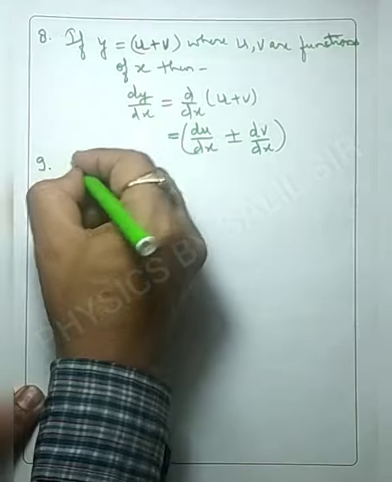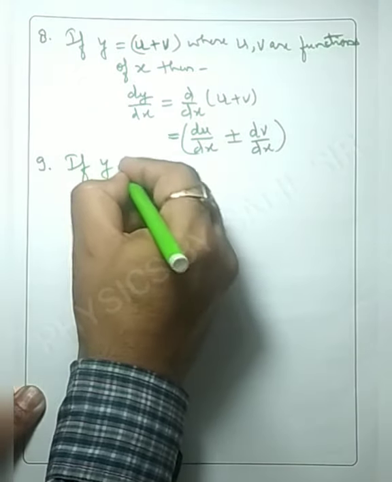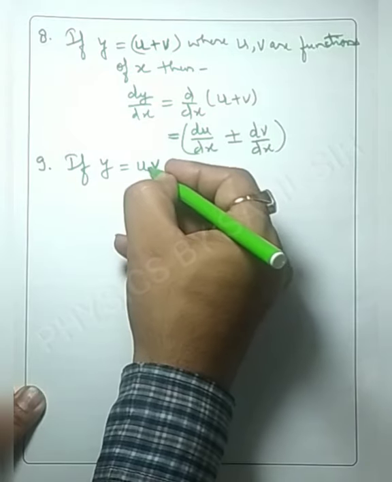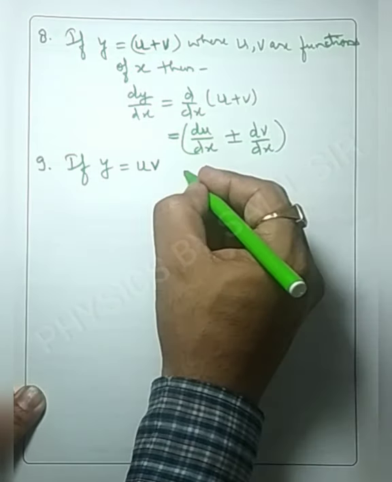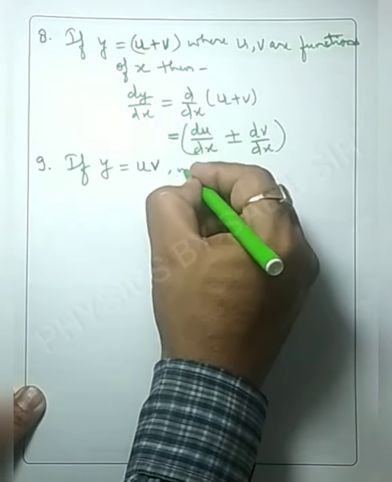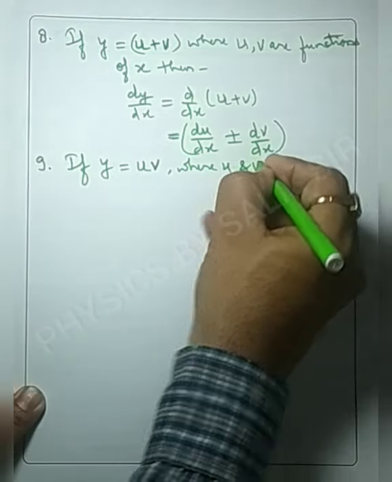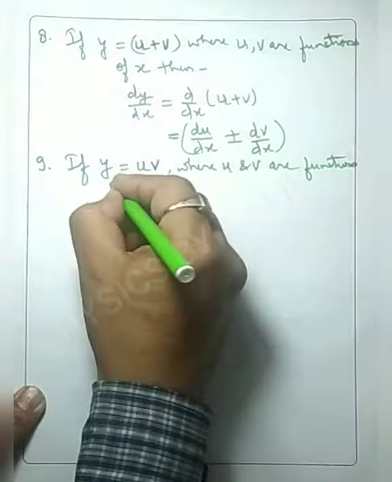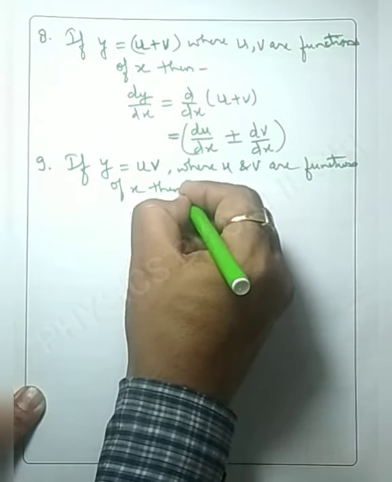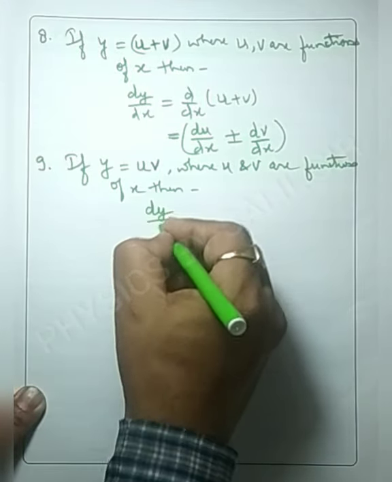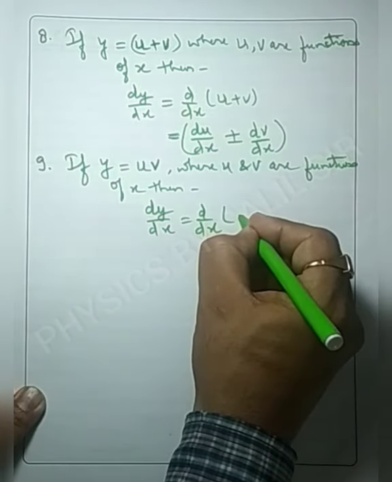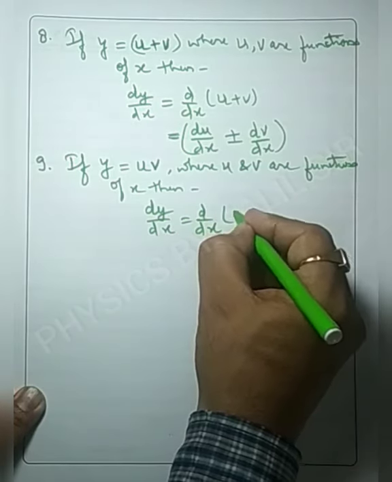Now ninth, if y is equal to the multiplication of two functions, the first function is u and the second function is v, so y is equal to uv, where u and v are functions of x, then dy by dx is equal to d by dx of uv.